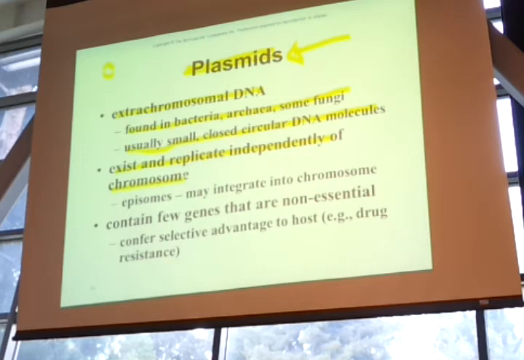Some code for the production of toxins, so they can increase the virulence of the cell. So I will specifically be asking you to give me some of the non-essential properties that are transferred by plasmids. And that's why I make a big deal about it, and then people go, I don't remember what a plasmid is.